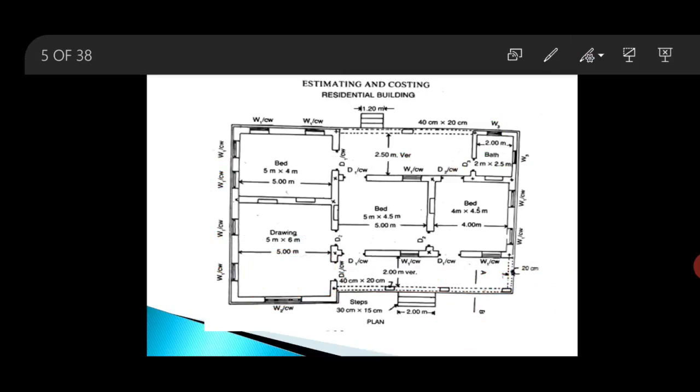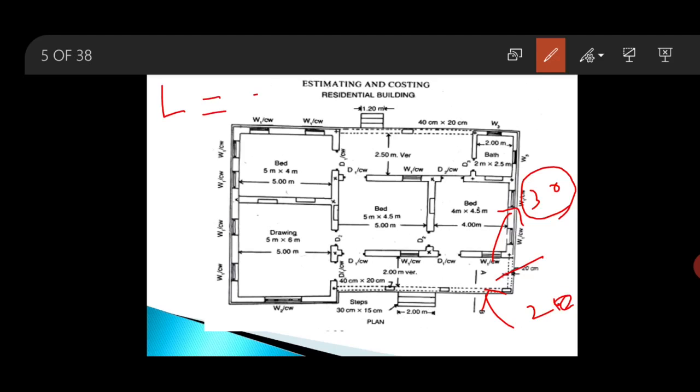Similarly, for short wall, there is one number of short wall, and this short wall is again connected to a 30 centimeter wall on one side and a 20 centimeter wall on the other side. So, what will be its net length?